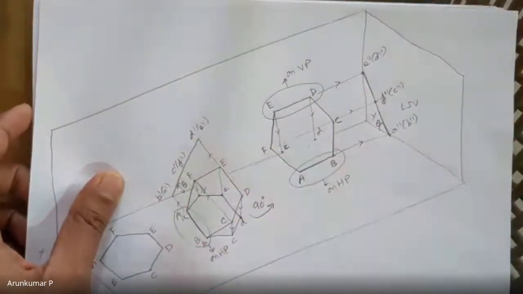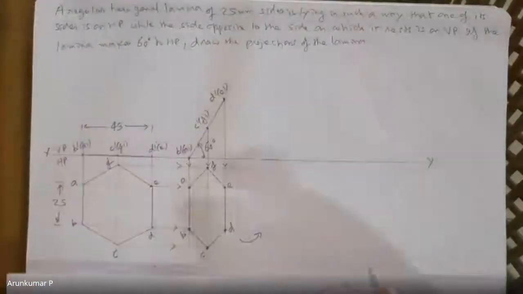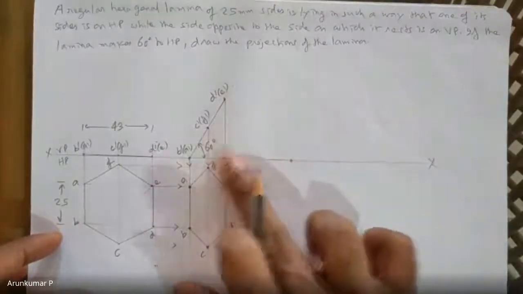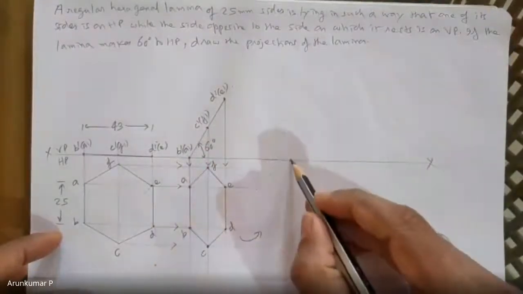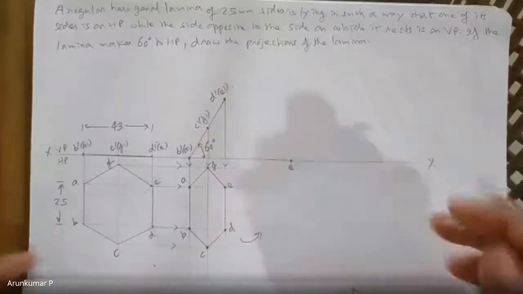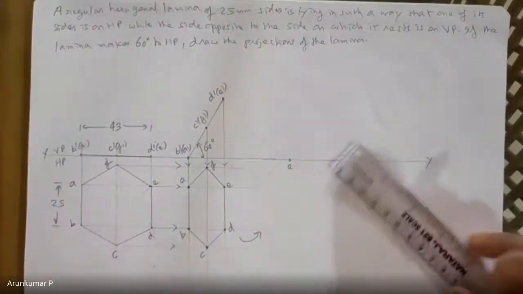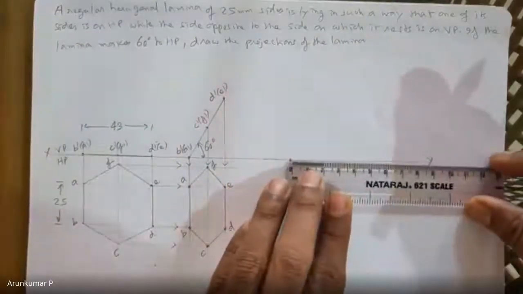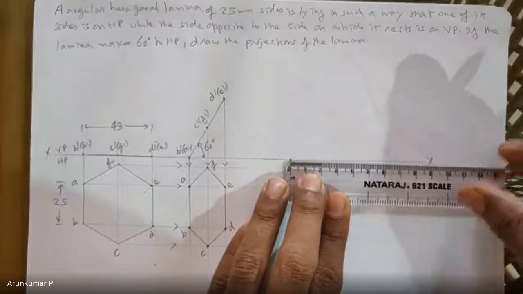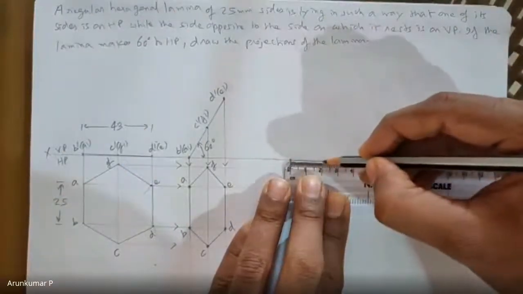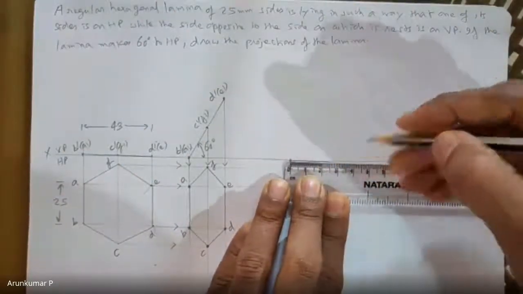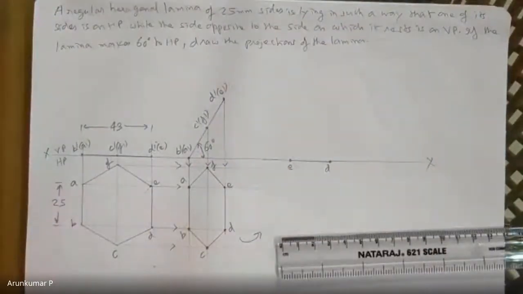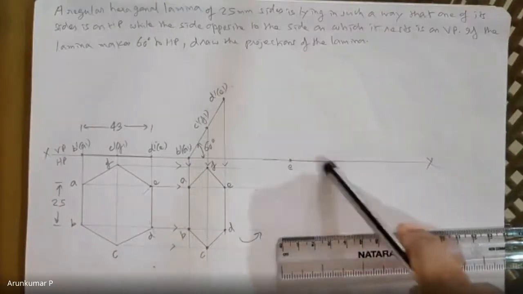So I have to start with E. So I'll first mark the point E, maybe somewhere here, some distance away. So this point would be E. Then I know that the distance between E and D is 25 mm. So at 25 mm distance, I will locate D. So I have located D and E.